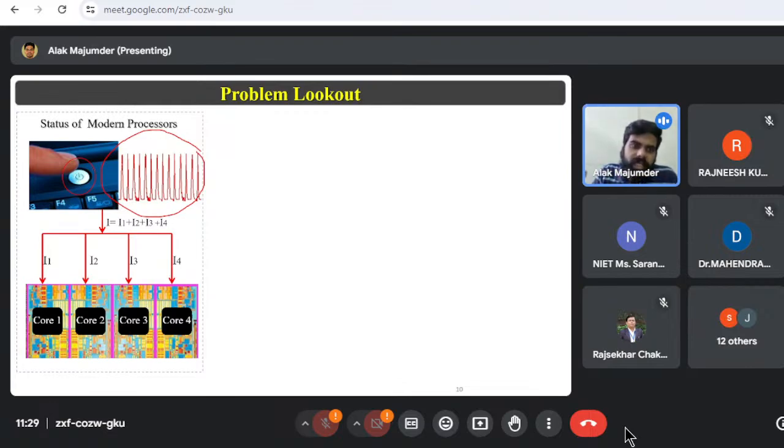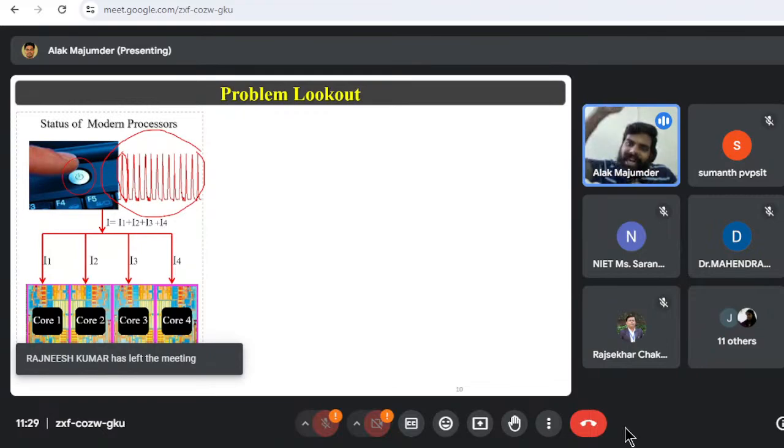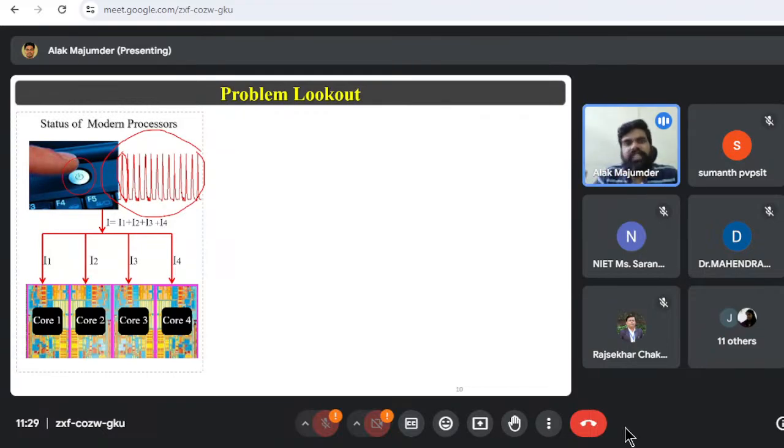Now think of any single peak. At a very small time, the peak is that many amperes of current. And imagine the amount of di/dt you are going to get. That is enormous, right?